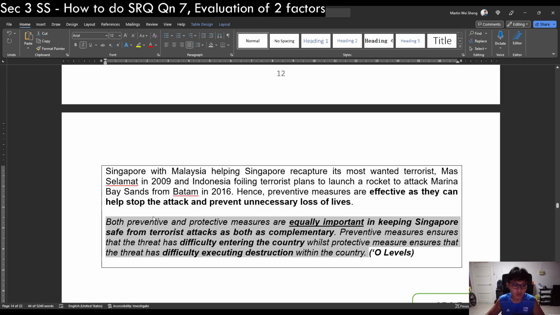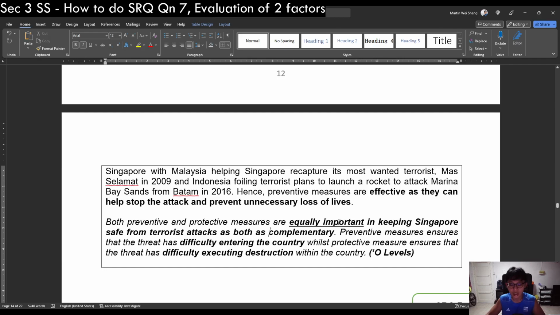Over here I say both preventive and protective measures are equally important. This is my evaluation. They are both equally important in keeping Singapore safe from terrorist attack, as both the measures are actually complementary to one another. In other words, we need both measures to be in place, then a terrorist attack would be prevented.